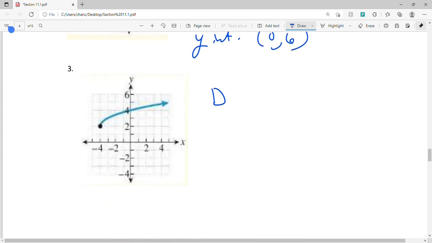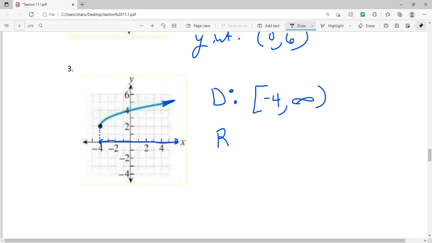Let's look at the domain for this graph. If I were on the x-axis, I would drive up to here to see the entire picture, which means my domain goes from -4 all the way to infinity because it goes forever towards the right. This is infinity.